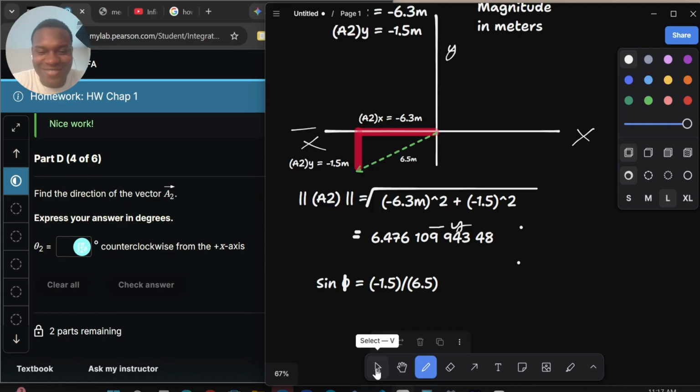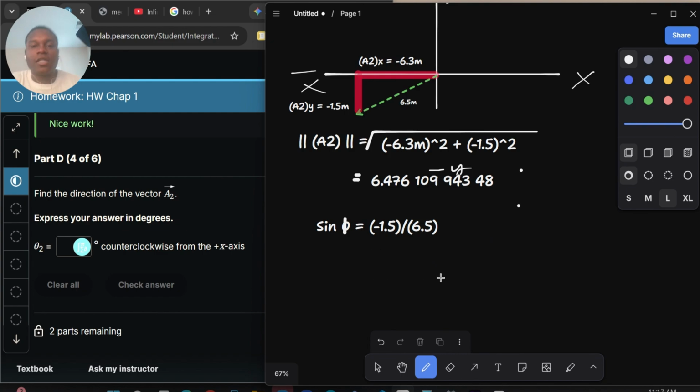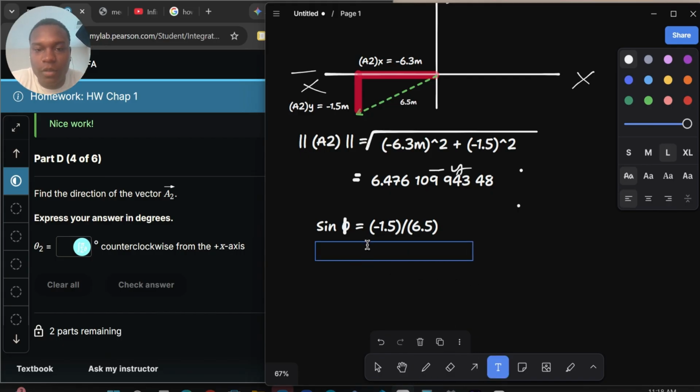And now we know that this is sine theta. So to get theta by itself, we have to do the inverse of sine, which is arc sine, and then plug that into the calculator. We do arc sine negative 1.5 divided by 6.5.